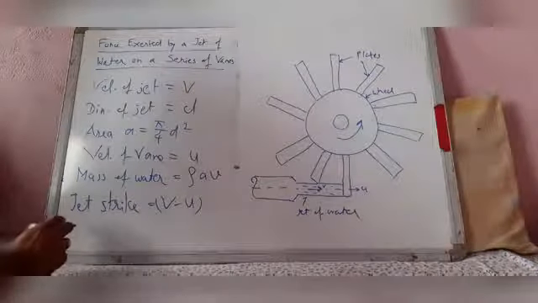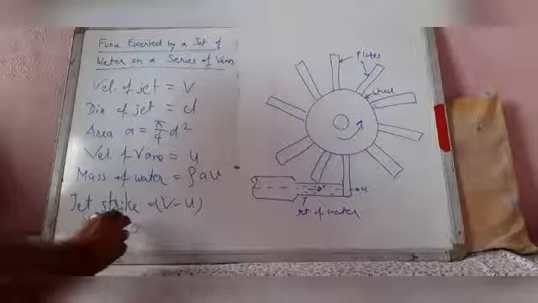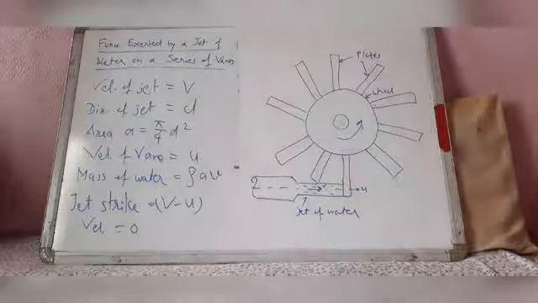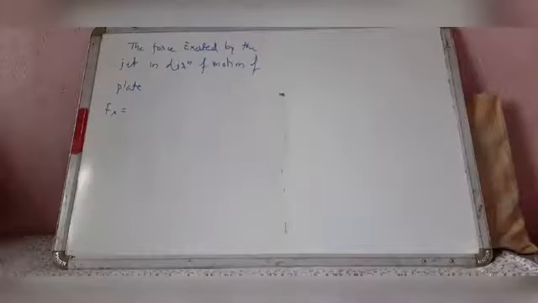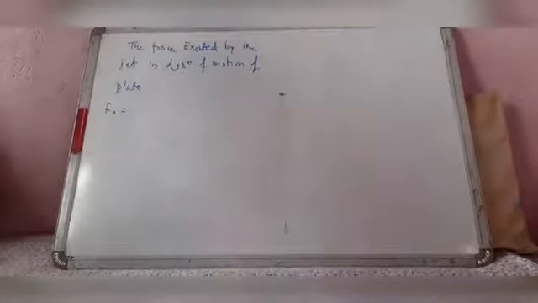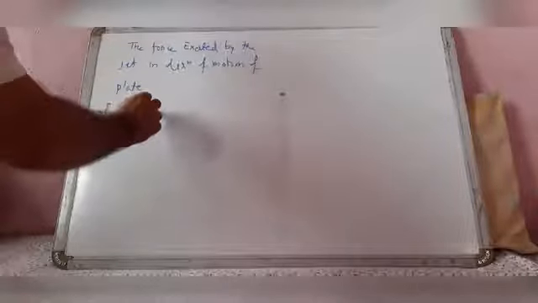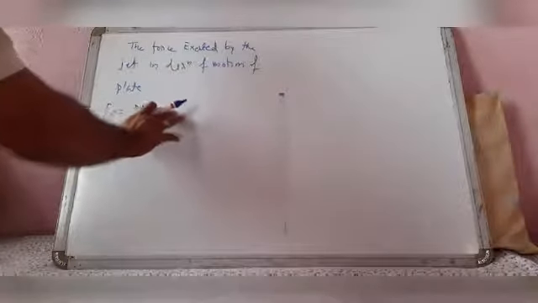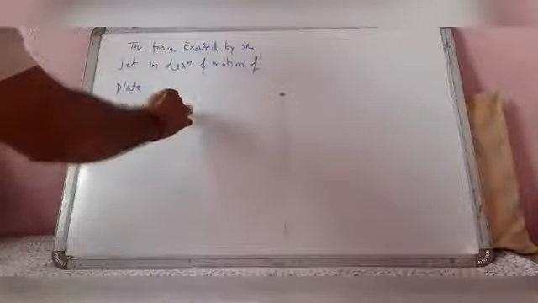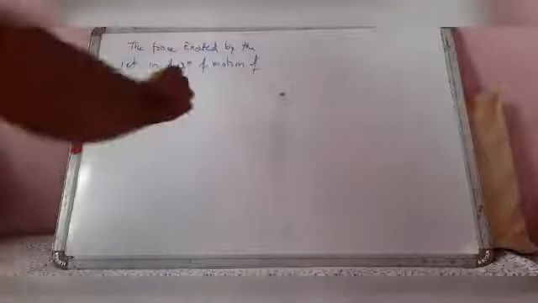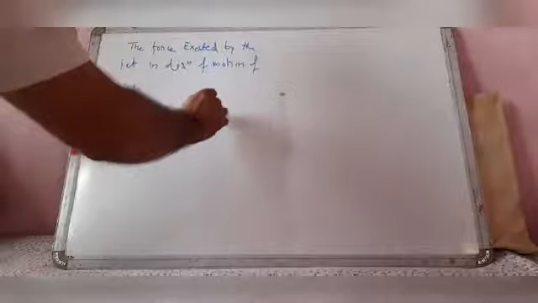So the force exerted by the jet on a series of plates in the direction of motion, Fx, is equal to mass per second into initial velocity minus final velocity.